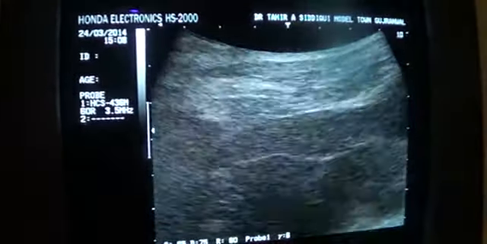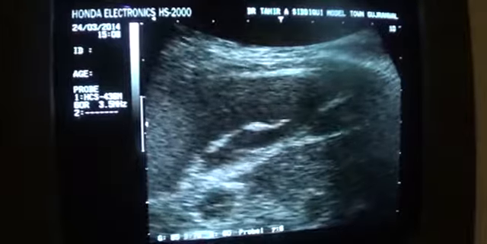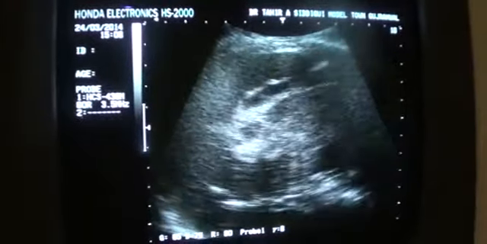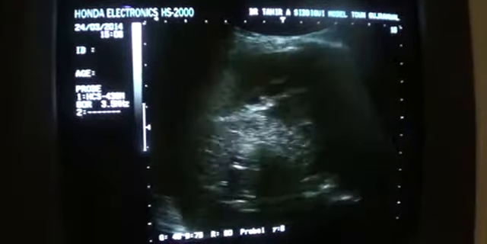Similarly, there are a few more satellite lesions like the one I have shown you. Here it is. This is the other one. This is the other one, but it has echoes within it. Let me magnify and show you.